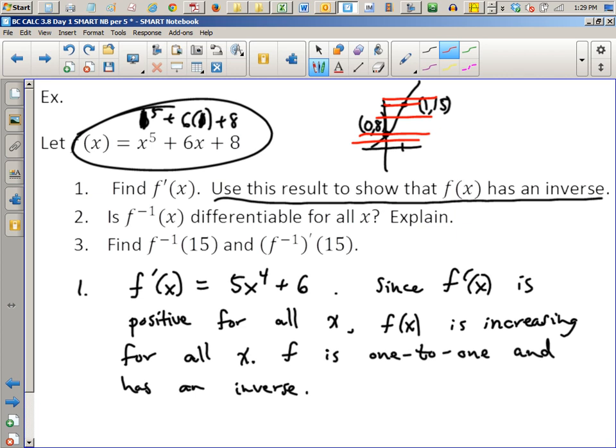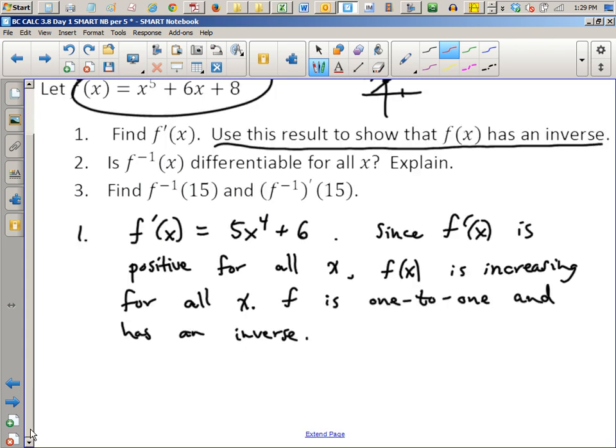Okay, so pretty profound how we use the derivative to help us understand the inverse function. It does exist. Okay, now let's go on and talk about whether we think the inverse function is differentiable. Okay, so if we're going to make statements on the AP exam, let's stick to the definitions in the book.